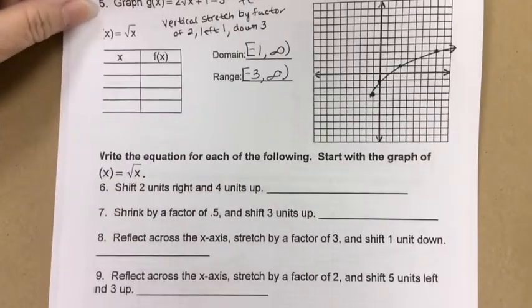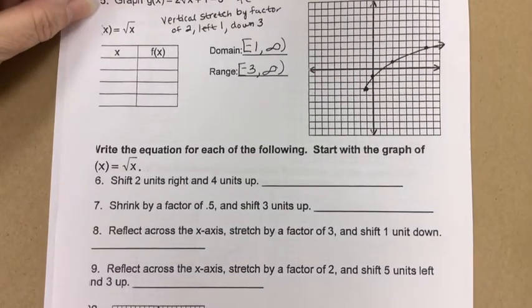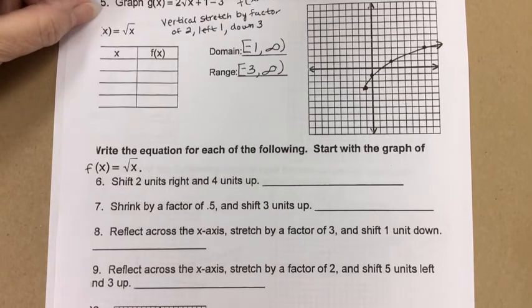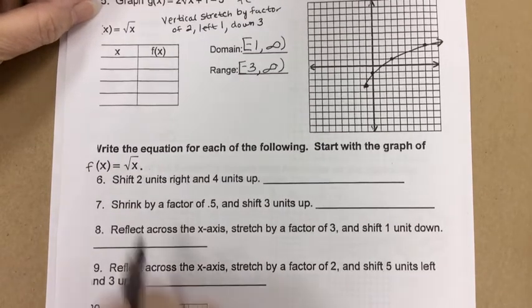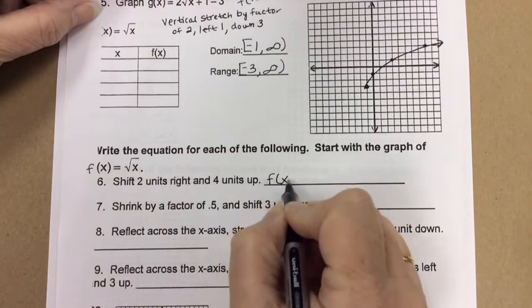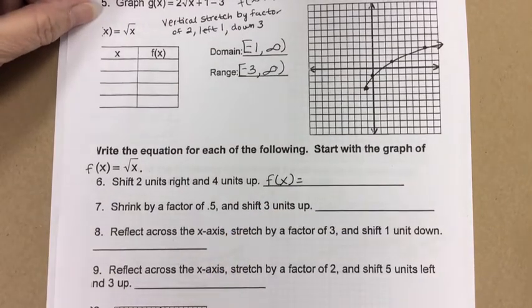All right, the last part of this, write the equation for each of the following. Start with the graph of f of x equals the square root of x. We're going to shift 2 units right and 4 units up. Remember, always start with f of x equals.